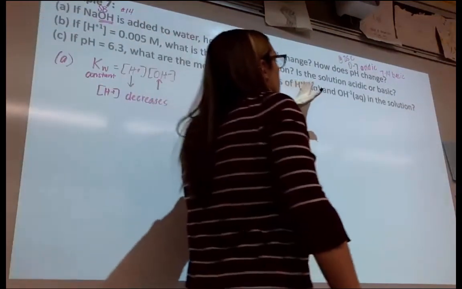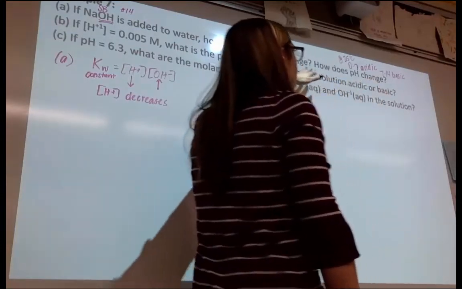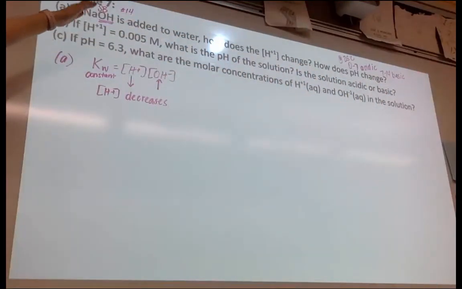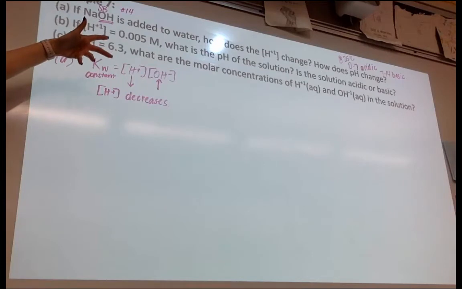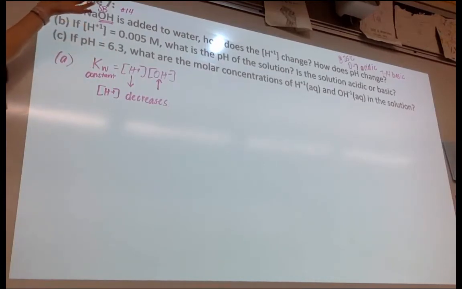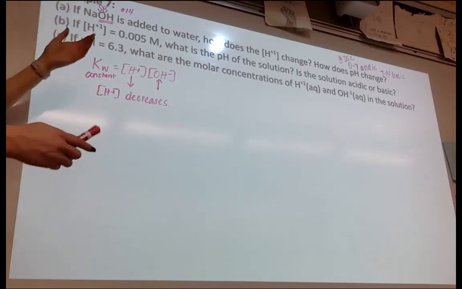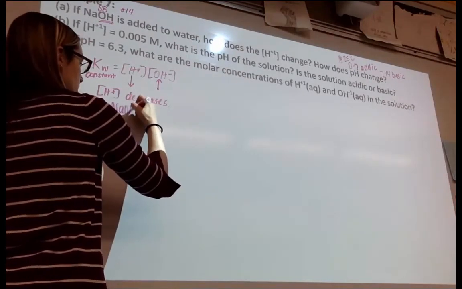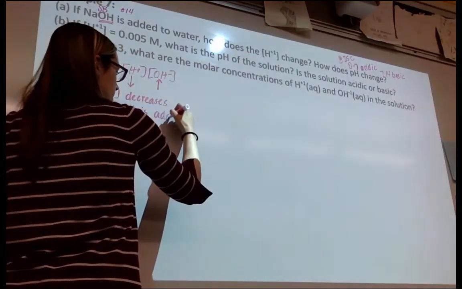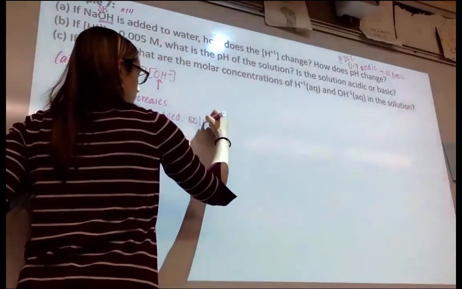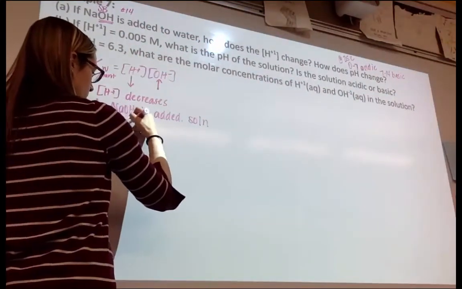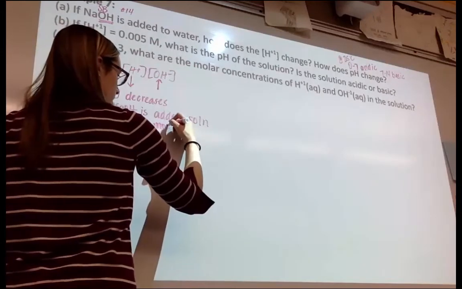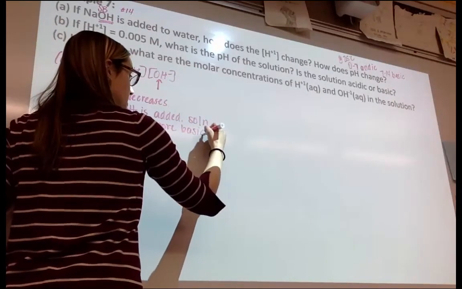So, as you are adding a base, what is happening to the solution, just in general? Is it becoming more acidic or more basic? More basic. Right, so as NaOH is added, the solution becomes more basic. You're adding a base, it's becoming basic.